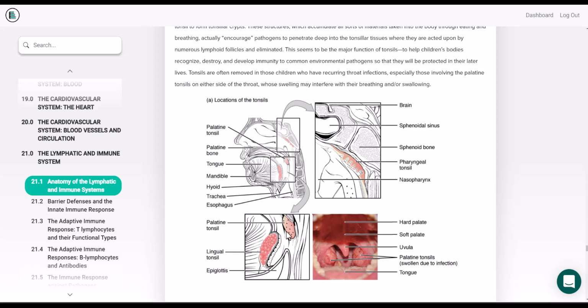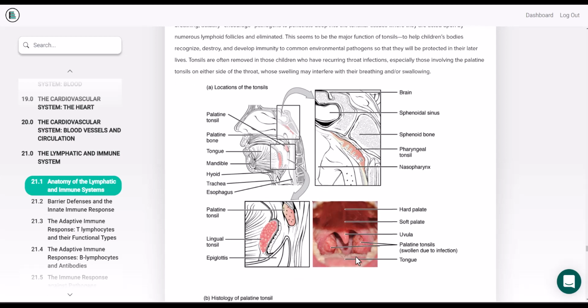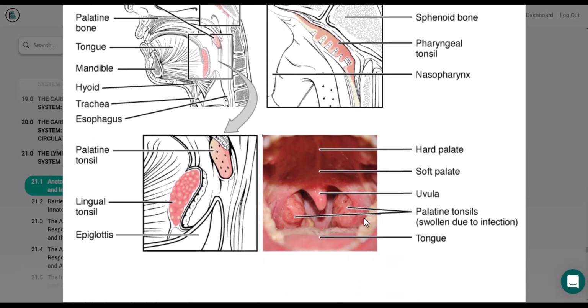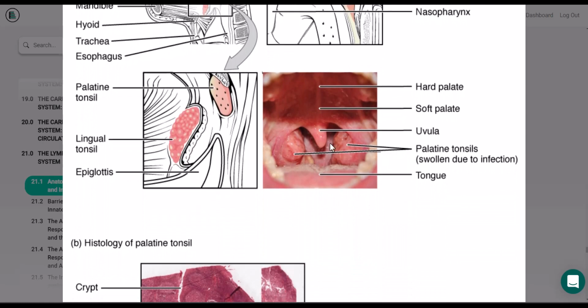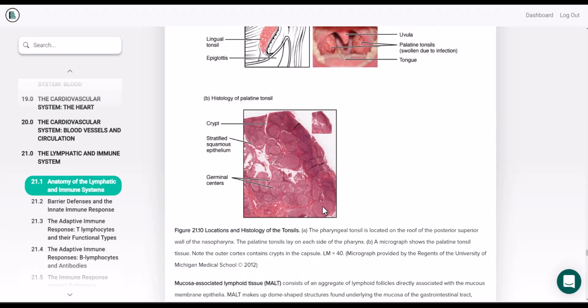And again, within the tonsil there are lymphocytes, and if they do detect an infection, those lymphocytes will go to battle. They will make more of themselves. They'll basically generate an army of white blood cells, and that will cause a swelling and oftentimes discomfort of that organ. You can see here how swollen the Palatine tonsils are compared to the normal picture we saw a moment ago.